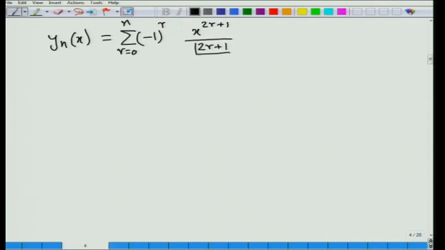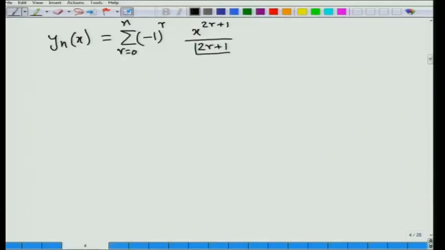You can easily verify that whenever r equal to 0 only, that means we are considering n equal to 0, substituting here you find this is equal to x, and similarly you will have all other expressions, which can be easily verified.